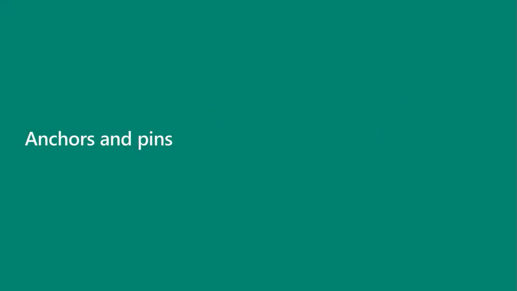So let's talk a little bit about anchors and pins. Anchors are really cool because they represent like a consistent 3D space, or a 3D location in your world space that is kind of the same every time you try to get at it. So you create anchors inside your world, and then you can access them by name later to get information about what they are. So it's really powerful if you want to pin things to your desk or to your wall around you.